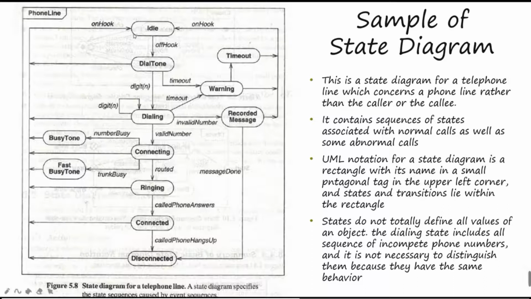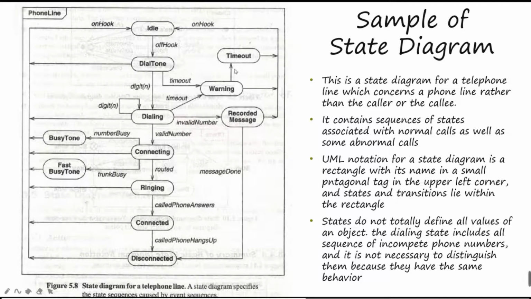Okay, we can see from this one, from the idle. At first, the phone line is idle. If someone picks up the phone, it will go off-hook into the dial tone state. And if after, for example, 20 seconds, no number is dialed, it gets an event timeout and will go to the warning state.